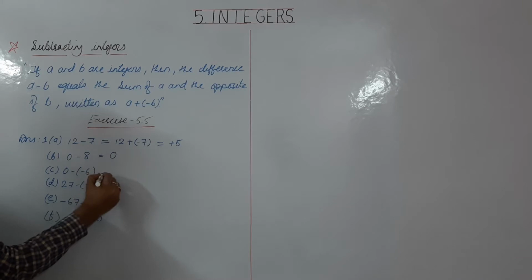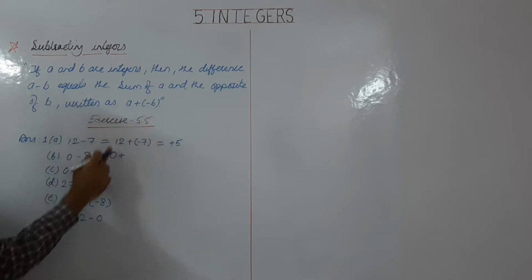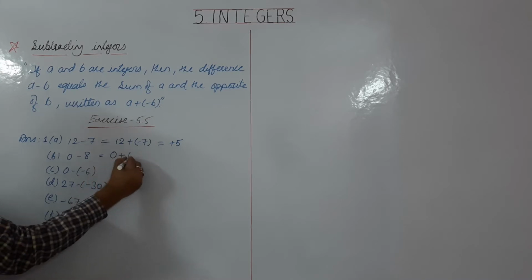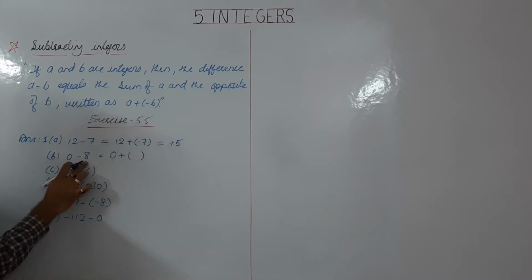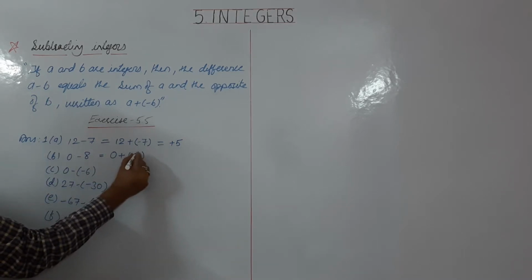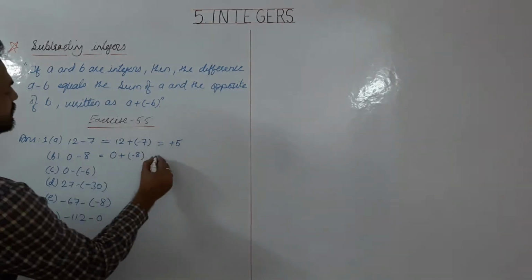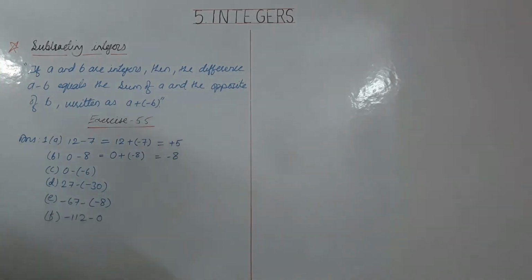So we'll write 0 plus, in bracket, opposite of the second number, opposite of b. Opposite of 8 is minus 8. So 0 minus 8 is minus 8, and minus 8 is my answer.